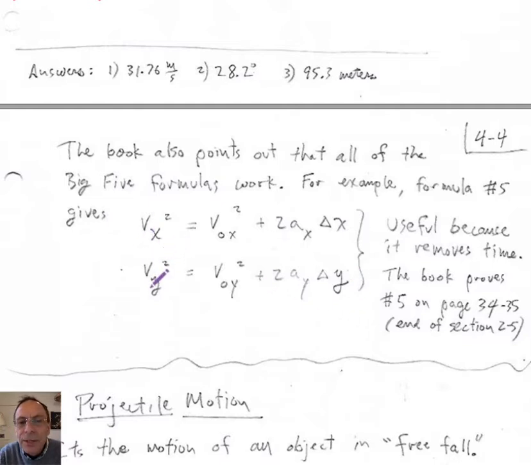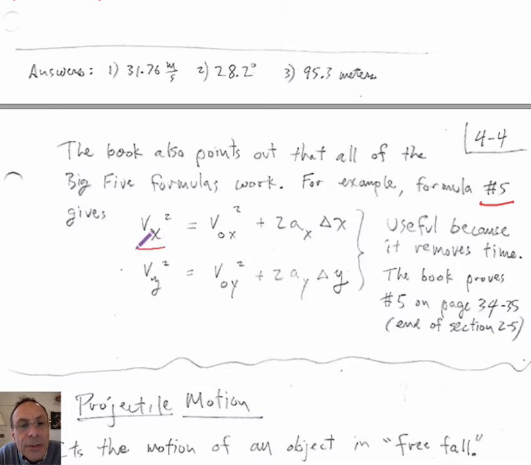is this one here. I guess it's formula number 5, big five number 5, and you'll recognize these formulas. It's just that now we have an x component and a y component to it. And so let's see if we can read this.